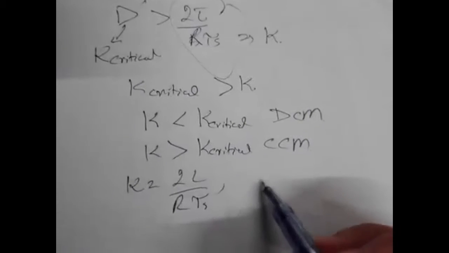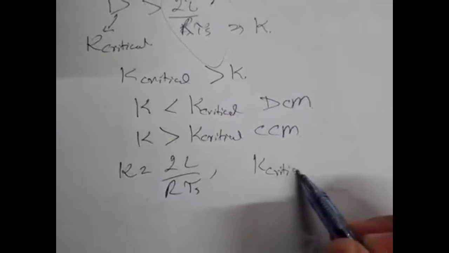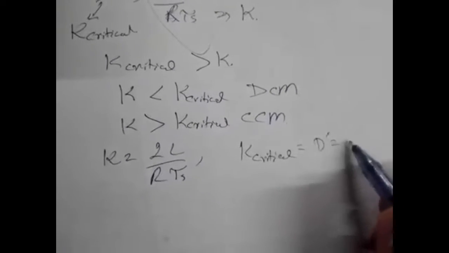And this K, as we know, is equal to 2L by R Ts, while K critical is equal to D dash, which is equal to 1 minus D.